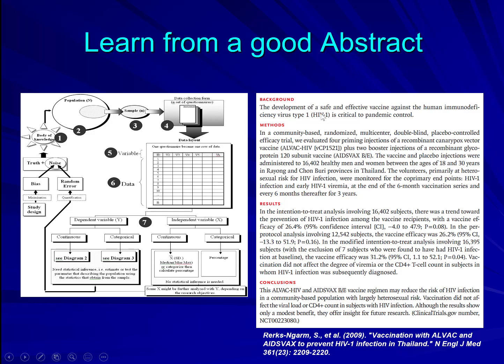Within each heading, there are complete components that I can relate to the left-hand side, about the flow of doing a research, and I indicate where statistics plays a role.